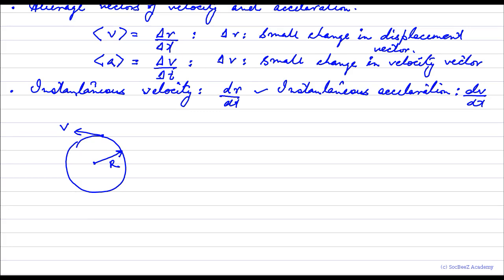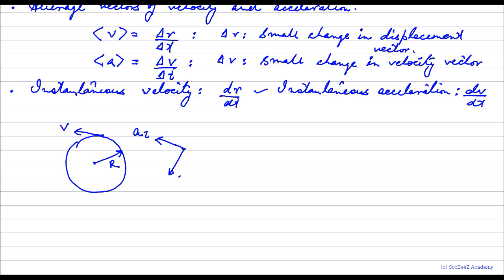So this body is going to have two accelerations. One would be at, which will have the same direction as that of the velocity vector, and an, which is the normal acceleration, which is going to be directed towards the center.